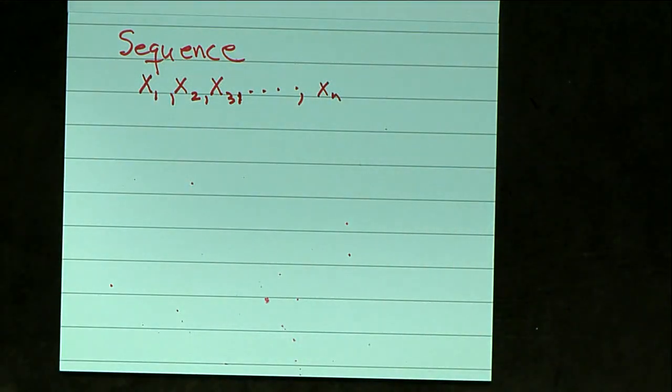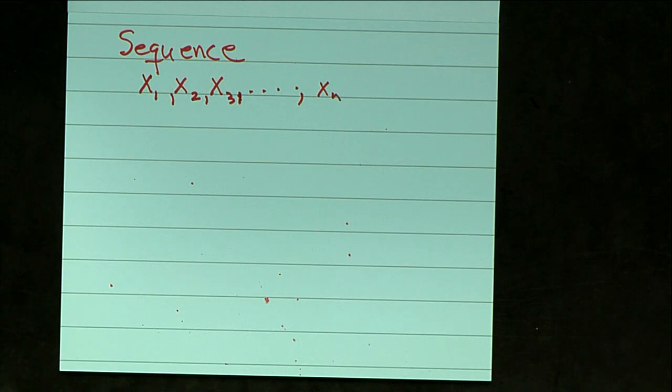That's a sequence. I'm going to flip a coin, that's X1. Flip a coin, that's X2. Flip a coin, that's X3. Flip a coin, that's X4. So those are IIDs, aren't they?